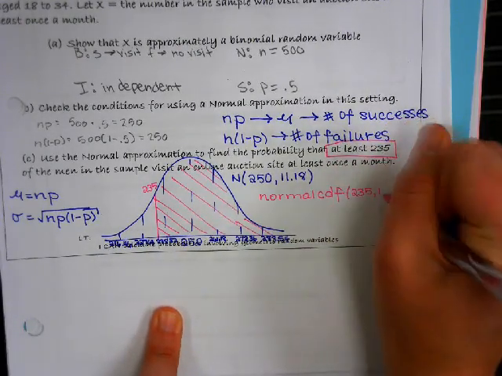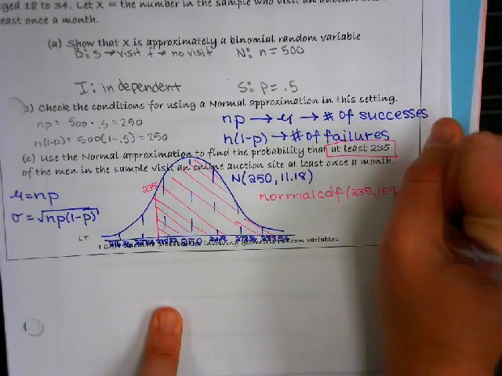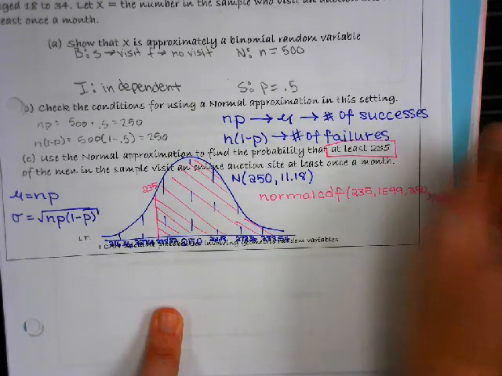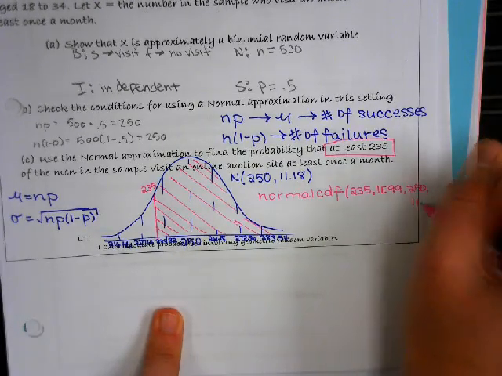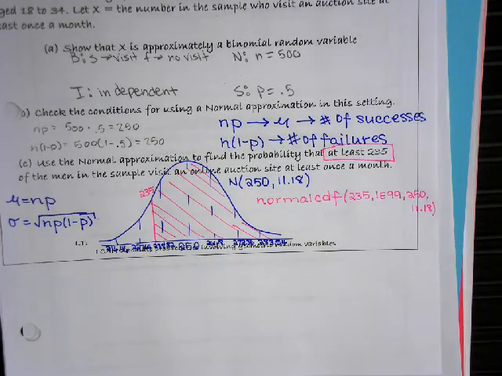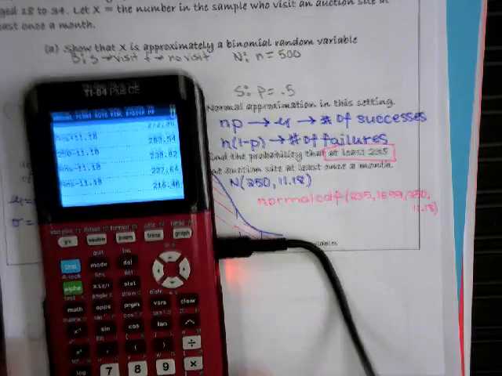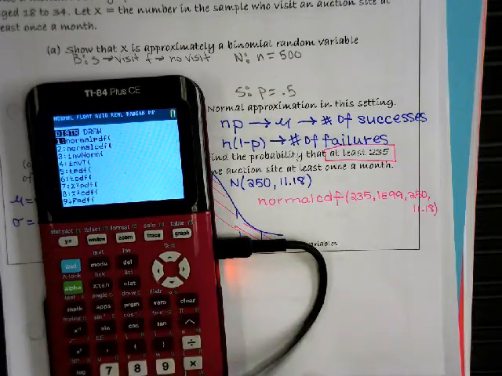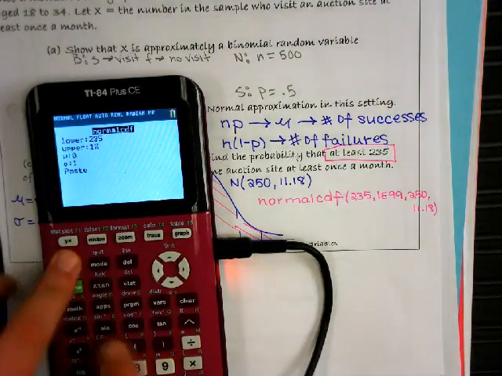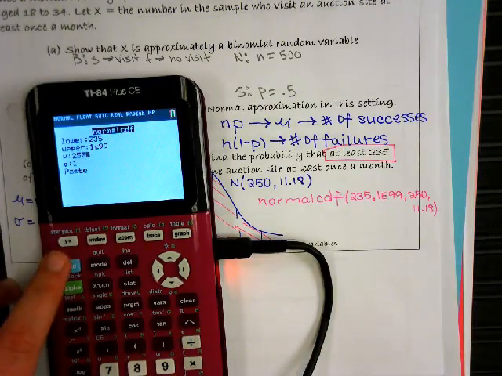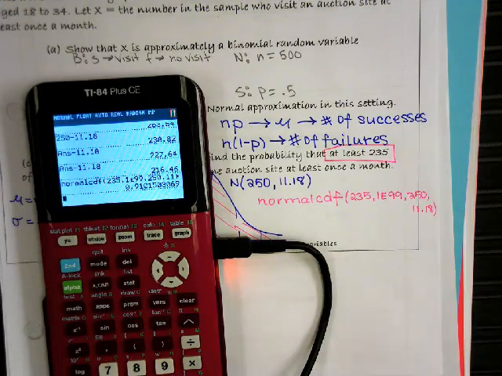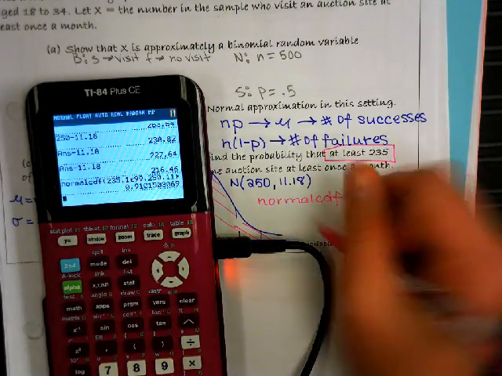Mean is 250, standard deviation is 11.18. Normal CDF, 235, big number, 250, 11.18. So we get 0.9102 when we round.